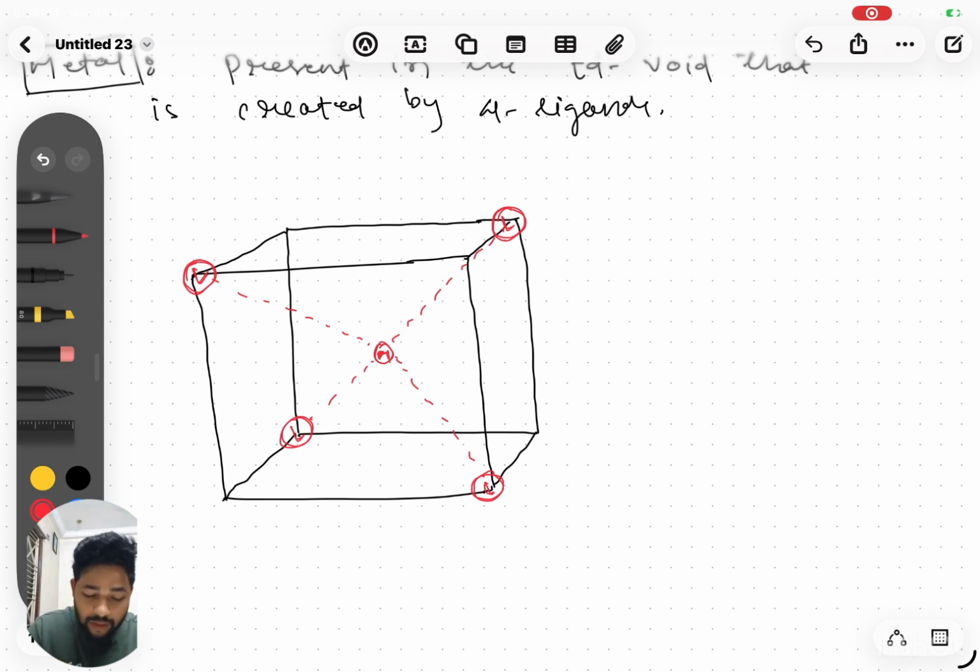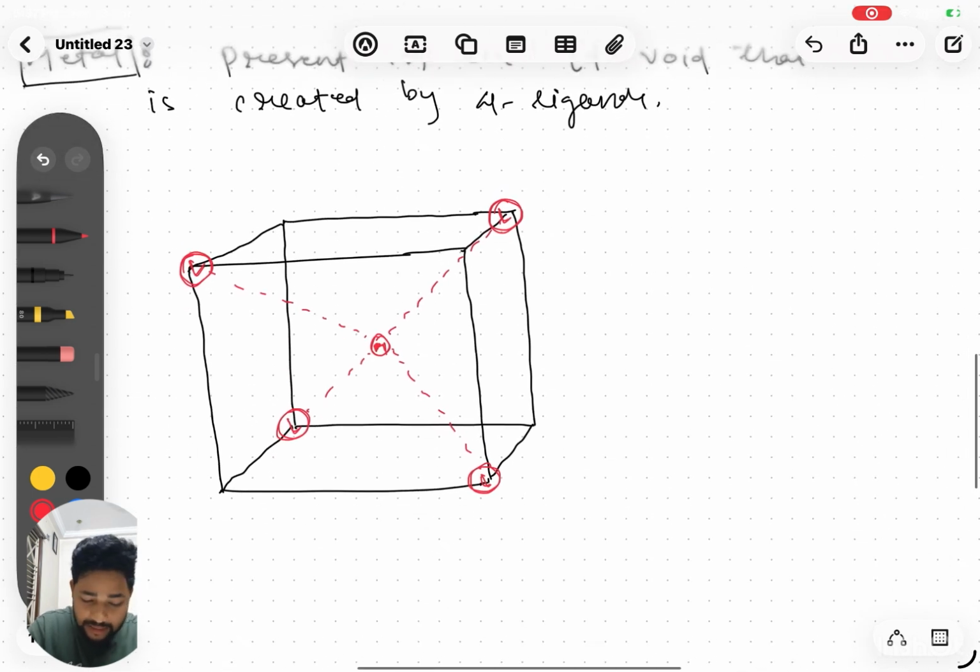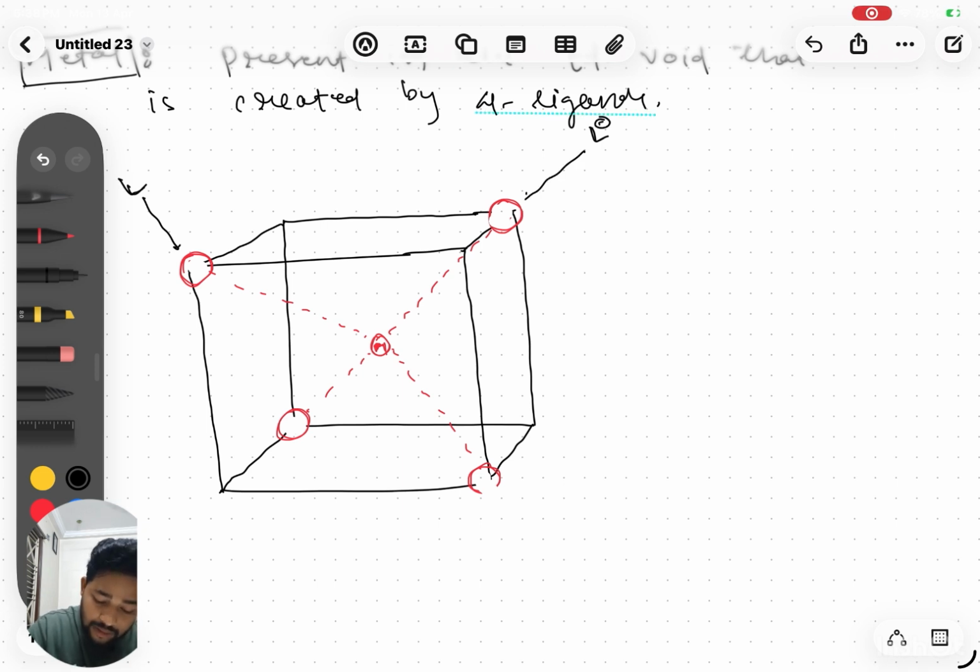We also have to keep in mind one thing in the formation of a tetrahedral complex: initially all the ligands approach from the corner, like from this corner, this corner, and this corner.